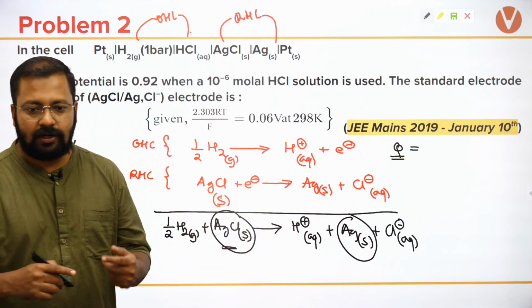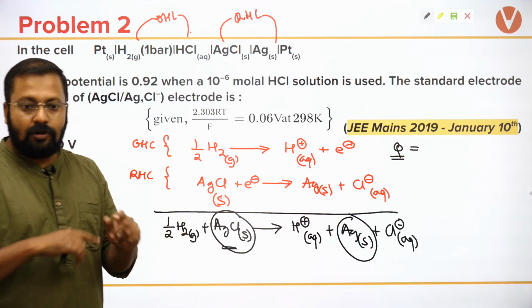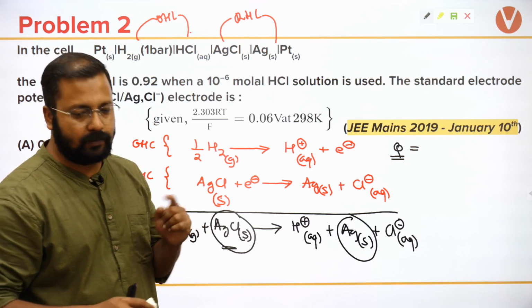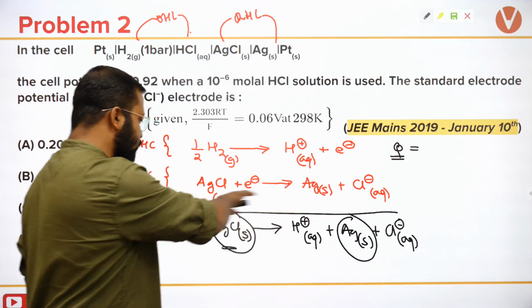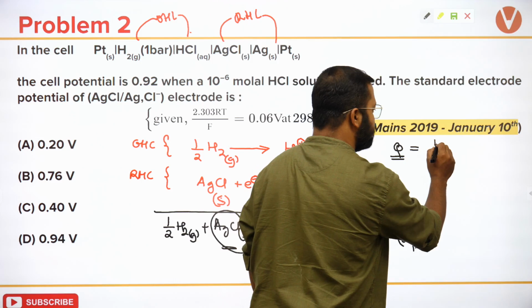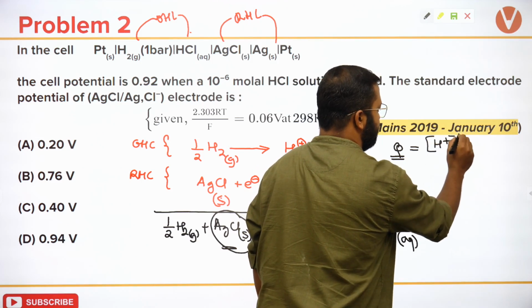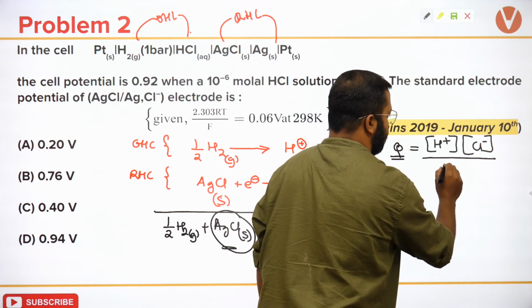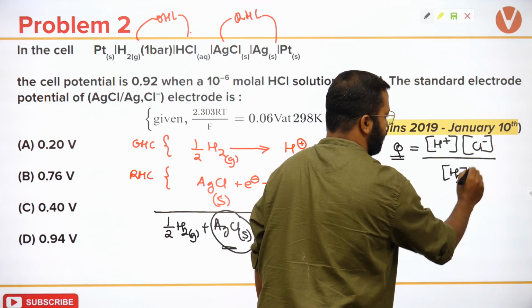No, I should not be including solid, for the reason that solid's activity is considered to be 1. I will include the aqueous things and the gaseous part. So I will write it as H plus, Cl minus upon H2 to the power 1 by 2.